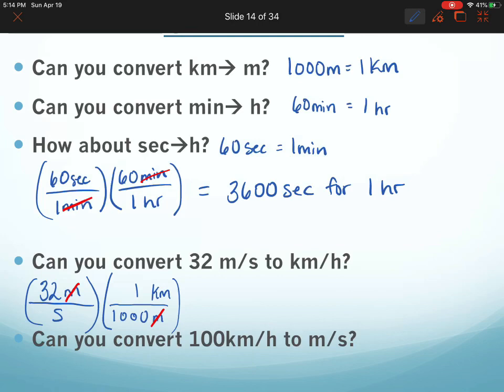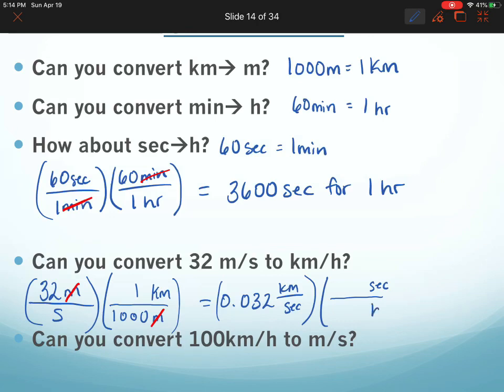So what do I know? With meters and kilometers, I know for every 1 kilometer, I have 1,000 meters. So I converted the meters to kilometers: 32 divided by 1,000 gets me 0.032. That's kilometers per second. I don't want that. So now I need to convert the seconds to hours.